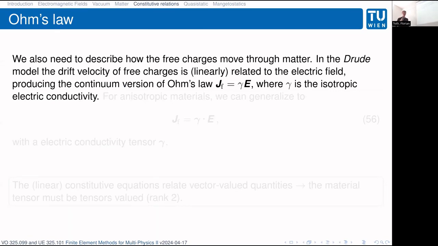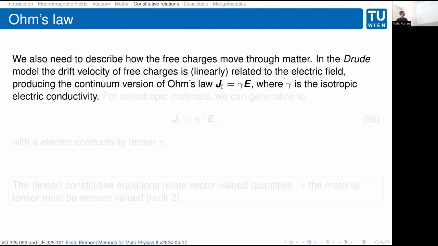The final relation we still need is a relation between the electric field and the current density, and this is Ohm's law. If you consider the Drude model, which models the drift of charge through a material, you can produce the continuity version, so not describing single charges, but charge densities, and you obtain the free current density related to the electric conductivity times the electric field.